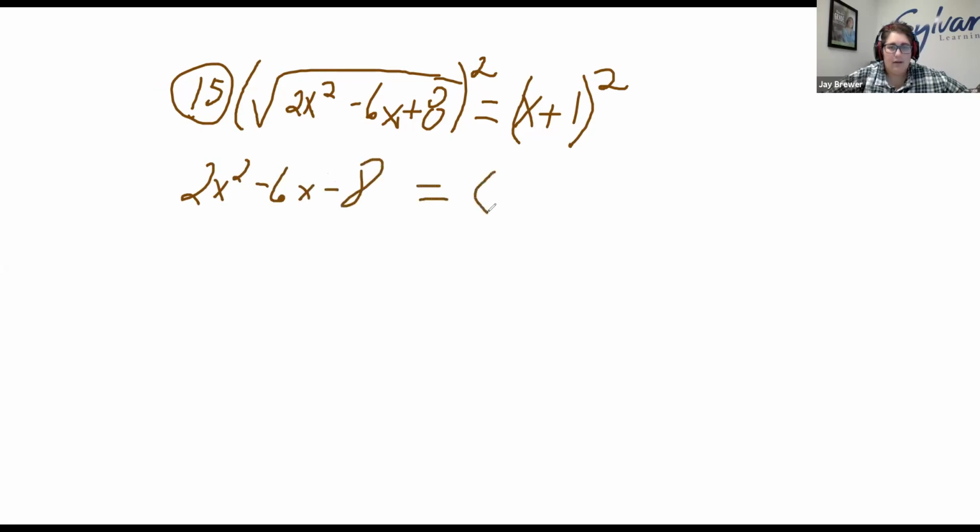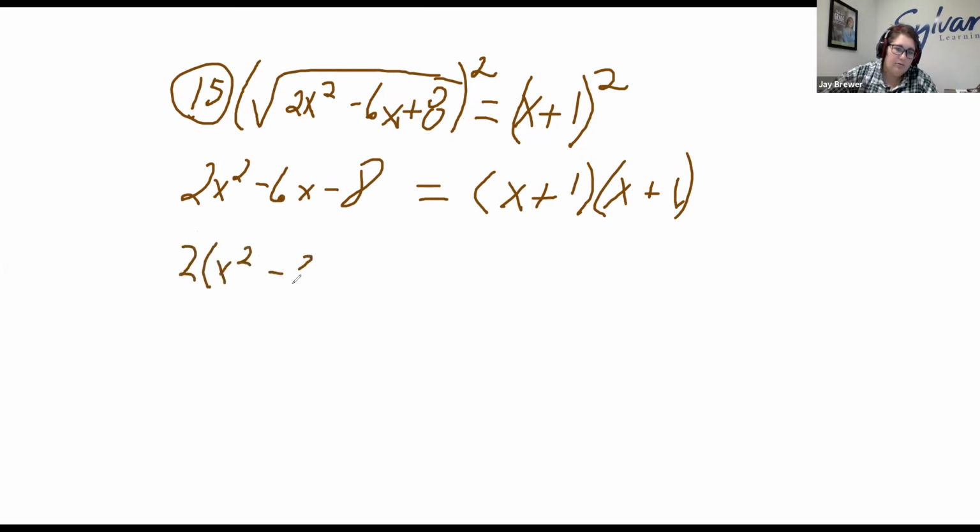And then on the right-hand side, we actually have x plus 1 times x plus 1. Okay, we're going to pull out a 2, and we get x squared minus 3x minus 4. We'll go the next step and actually factor it.